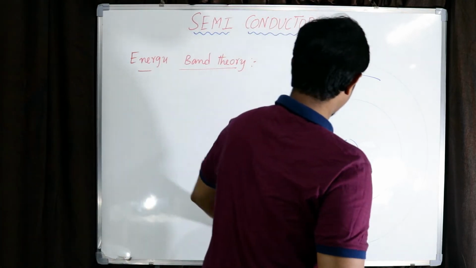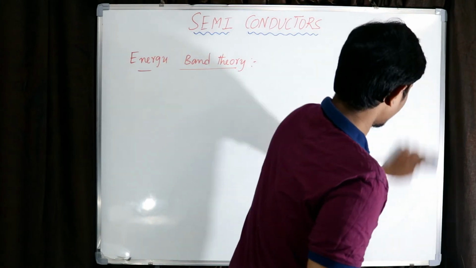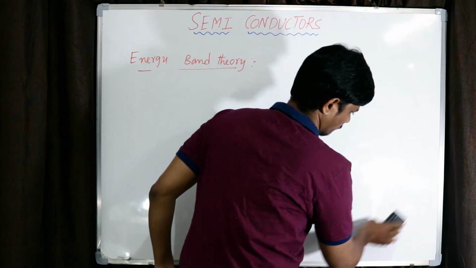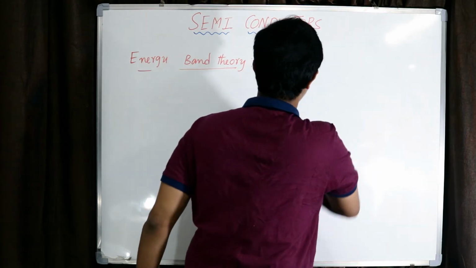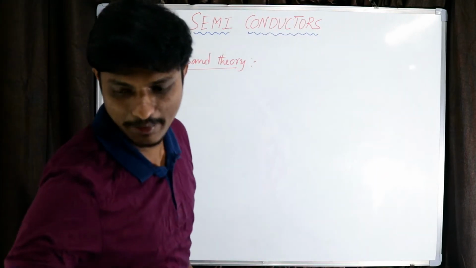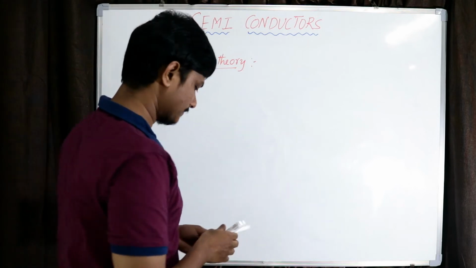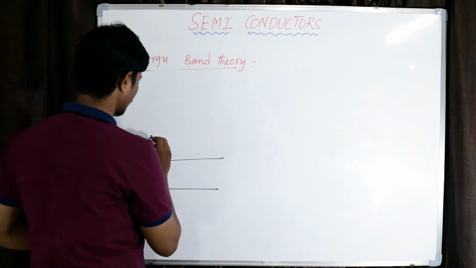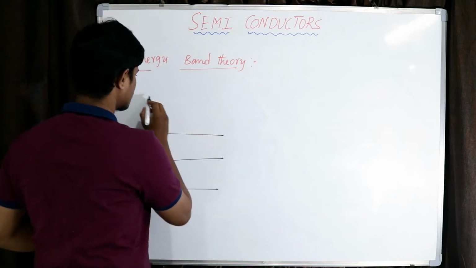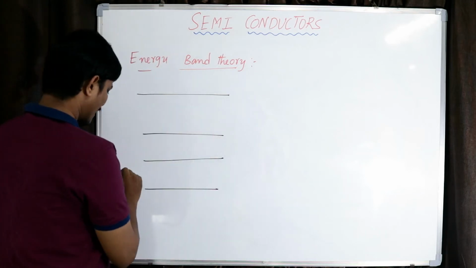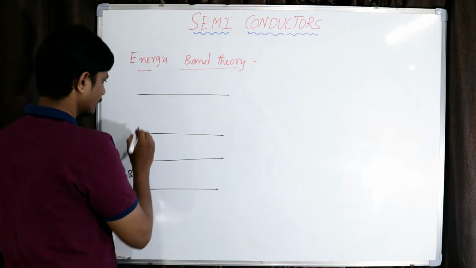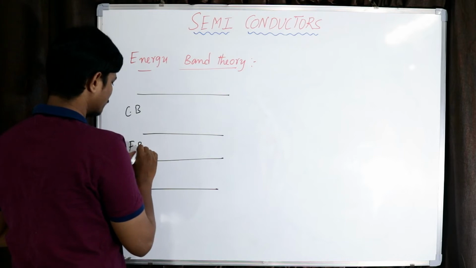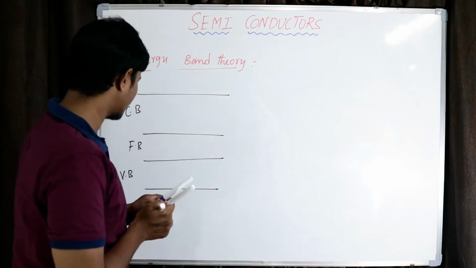So let us see now. These energy bands are classified into three categories. One is the valency band, the conduction band, and the forbidden band. Listen carefully, I will explain this.